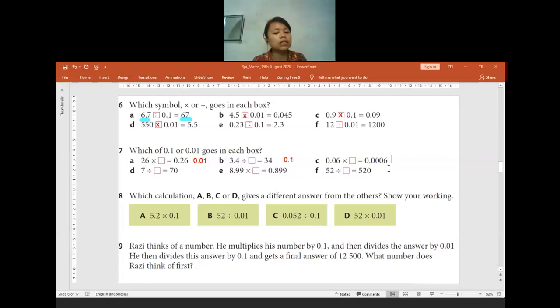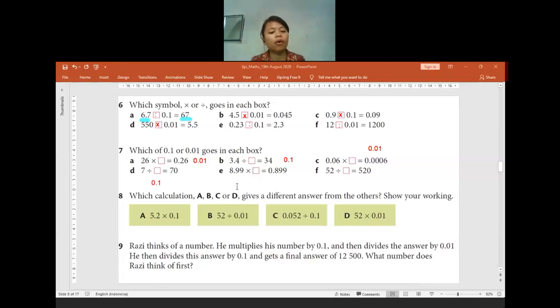For question C, how many? We can check there are two decimal places in the question, and the answer has four decimal places, so there are 2 decimal places of difference, so we will take 0.01. For question D, 7, I have to divide by how many to get 70? From 7 into 70, I have to multiply it by 10, or I can divide it by 0.1.